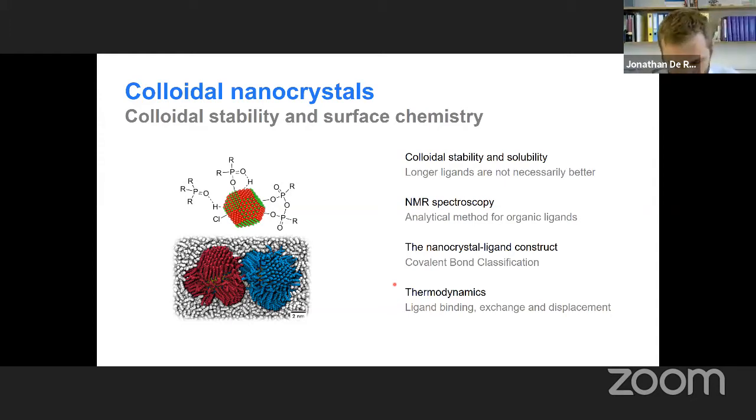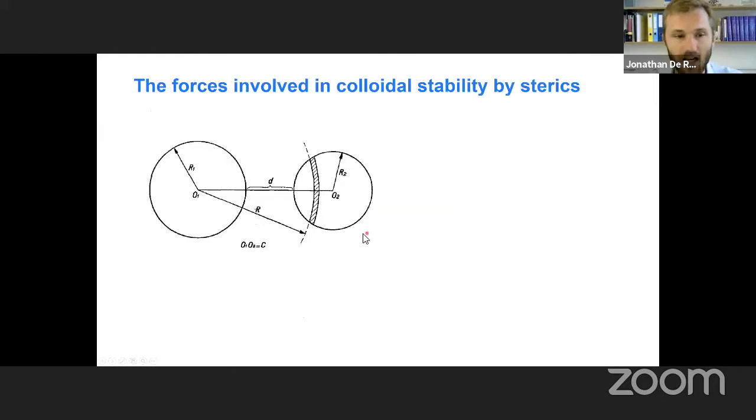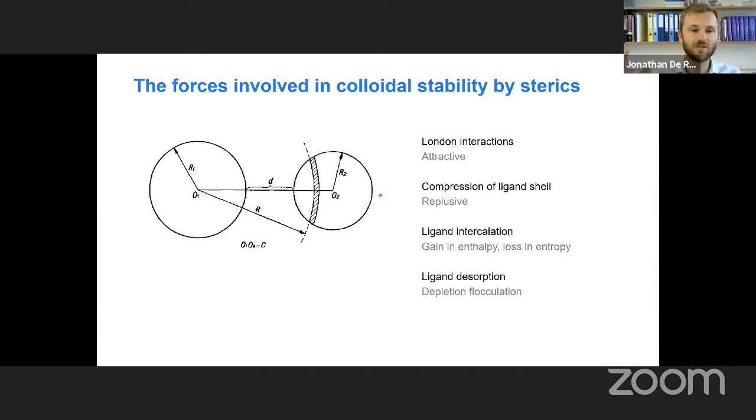So first we start with colloidal stability, and we're going to start with a classical colloid theory from many years ago. Here we have a figure from the original paper of Hamaker, who was studying the interaction between two spheres. He was looking at the attraction between those spheres caused by van der Waals interactions.